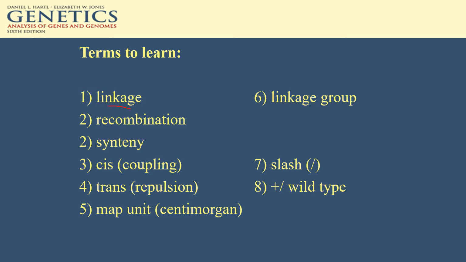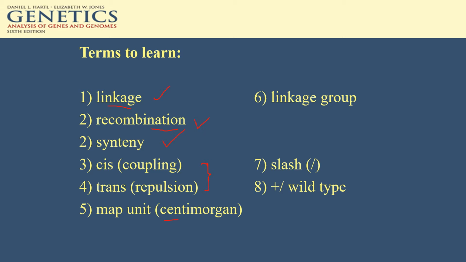What is linkage? Remember what recombination is, and now we're talking about that from a more molecular perspective. What are topics like what is synteny, what is coupling and repulsion, and what is the difference? There will be a question on the test about that.